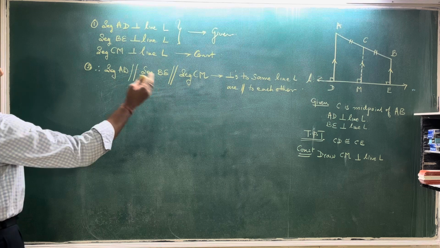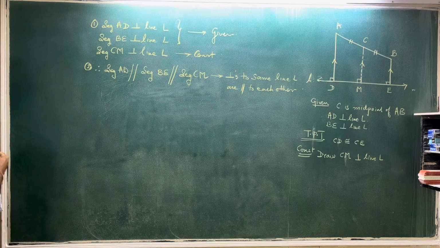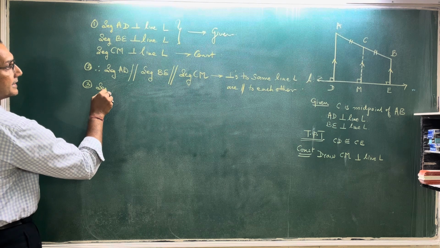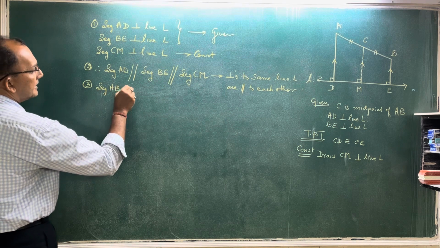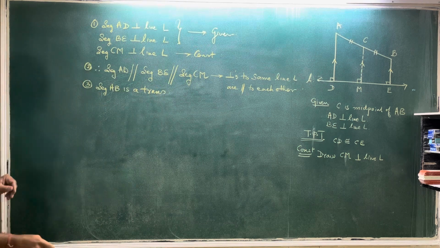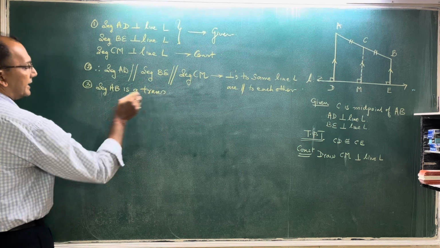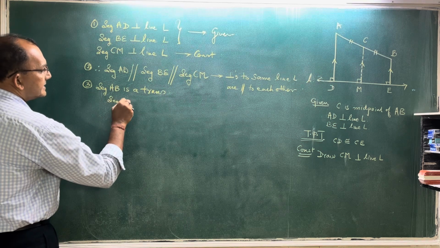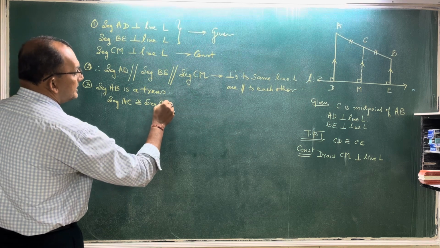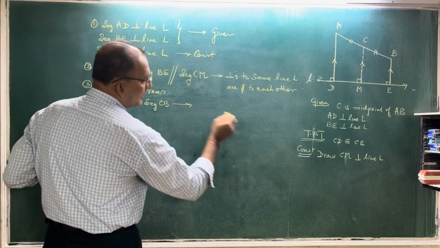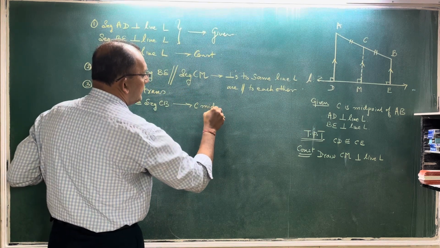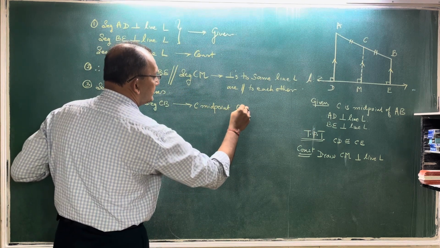Now we have three lines which are parallel to each other. If I consider seg AB as a transversal, I get seg AC congruent to seg CB because C is the midpoint, given.